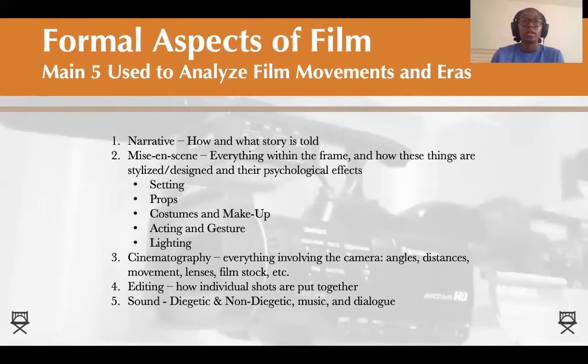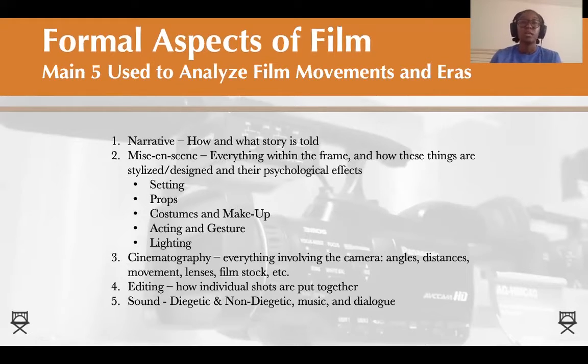Okay, so now we'll go to the formal aspects, the five main formal aspects of analyzing films that we'll use to analyze films in the next lessons that we have. These five formal aspects are narrative, mise-en-scène, cinematography, editing, and sound. Starting with narrative, we're going to look at how and what story is told, or if there even is a story being told.